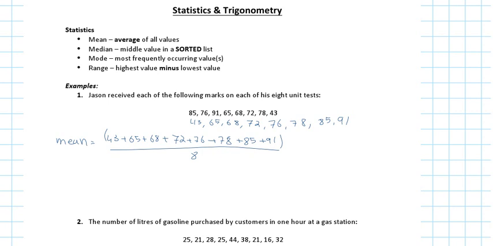What would be your answer? 72.25. That makes sense, right? Your answer should make sense. If you ended up with 300 something, there's something not right.